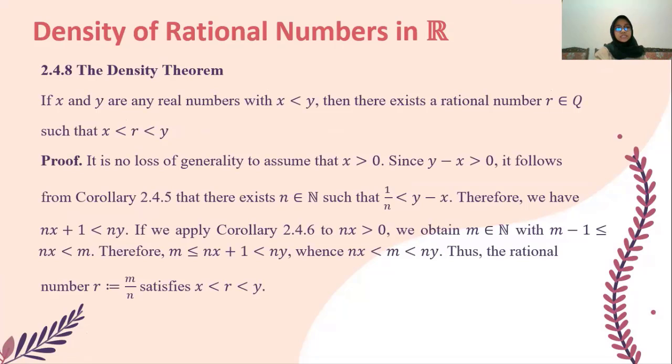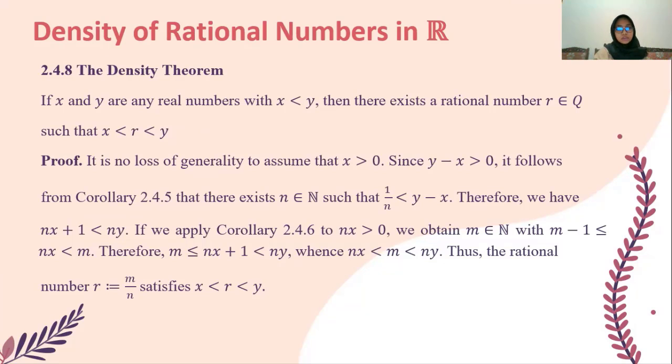Okay, next is density of rational numbers in real numbers. 2.4.8, the density theorem. If x and y are any real numbers with x < y, then there exists a rational number r ∈ ℚ such that x < r < y.